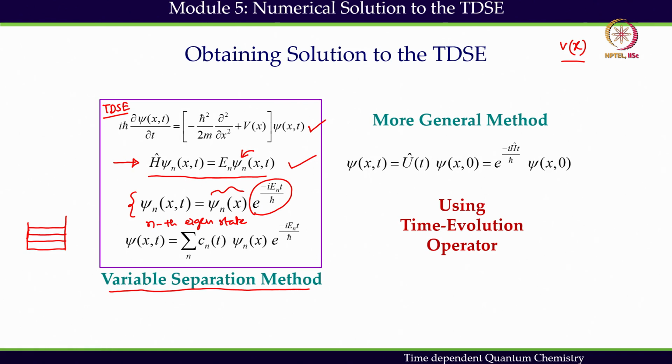And as a general solution, if the time evolution is going on from 0 to time t, then at any time t within this time interval, the wave function will be presented by the linear combination of these states, where Cn is the time dependent expansion coefficient, which controls the contribution of each of these functions to the total time evolving wave function.